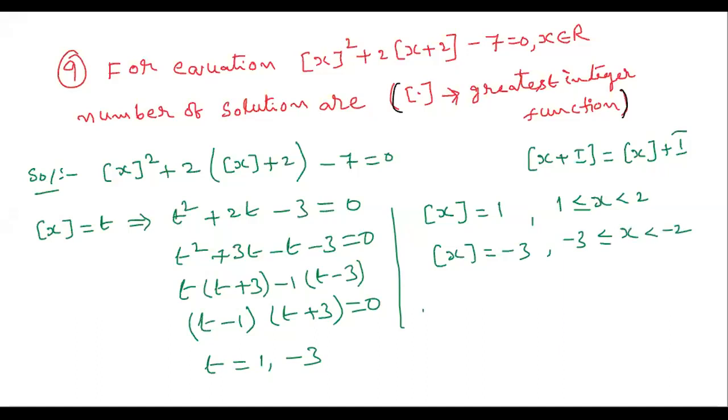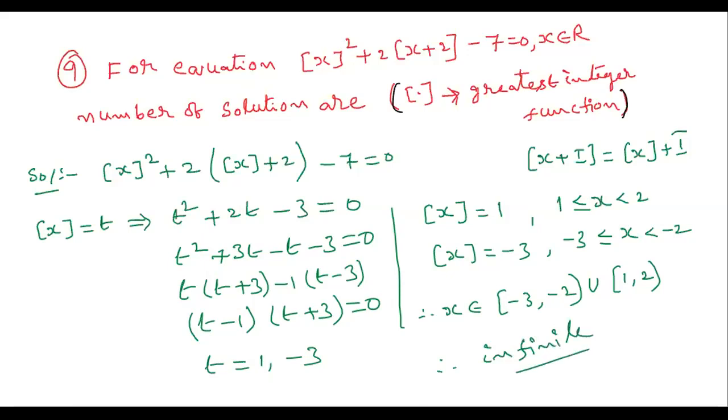Now finally, what are the solutions of x? X belongs to closed minus 3 comma minus 2 open union closed 1 comma 2 open. So in between minus 3 and minus 2 and 1 and 2, so many solutions are there. So the number of solutions means infinite. Infinite number of solutions are possible, right?